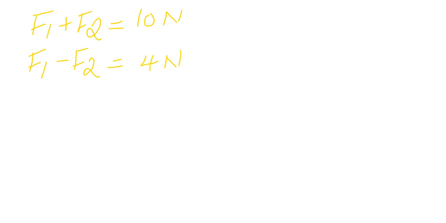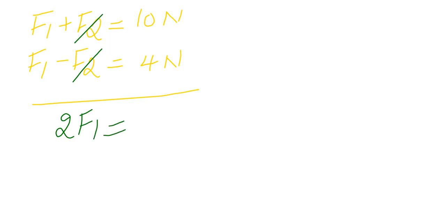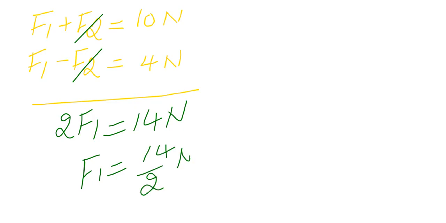So F1 minus F2 is 4, and adding, 2F1 is 14 newtons. So F1 is 14 by 2 newtons, that is 7 newtons.